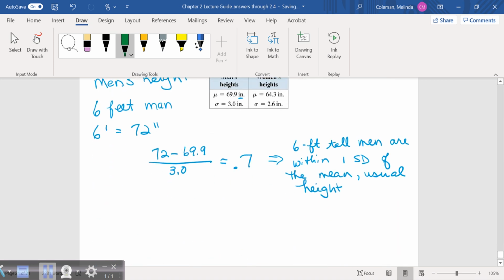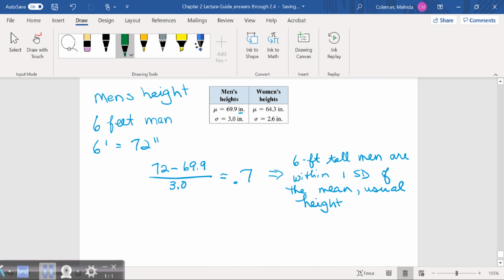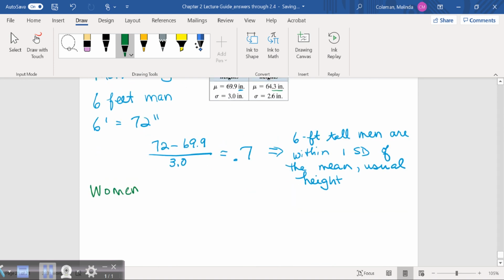So what do you think is going to happen with 6 feet tall women? Well, it's going to be very different because now a 6 foot tall woman is going to be very different from the mean. So let's look at the women. This time we're going to use women's height. So the mean again is 64.3. So we have 72 minus 64.3. Their standard deviation is only 2.6. So when I do that division, it's approximately equal to 3.0.